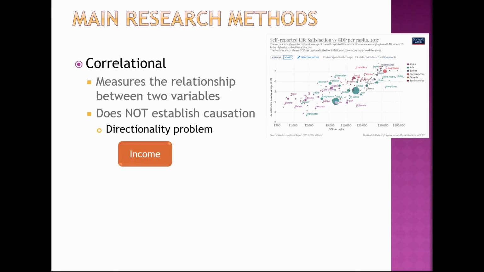It's possible, and I switched it to income, not GDP, but it's good enough, so it's possible that income leads to happiness, right? It's possible that having more income makes you happier and having less income makes you less happy. It's possible that that's the way the cause flows, but it's also possible that happiness leads to higher income, and that unhappiness leads to lower income, right?